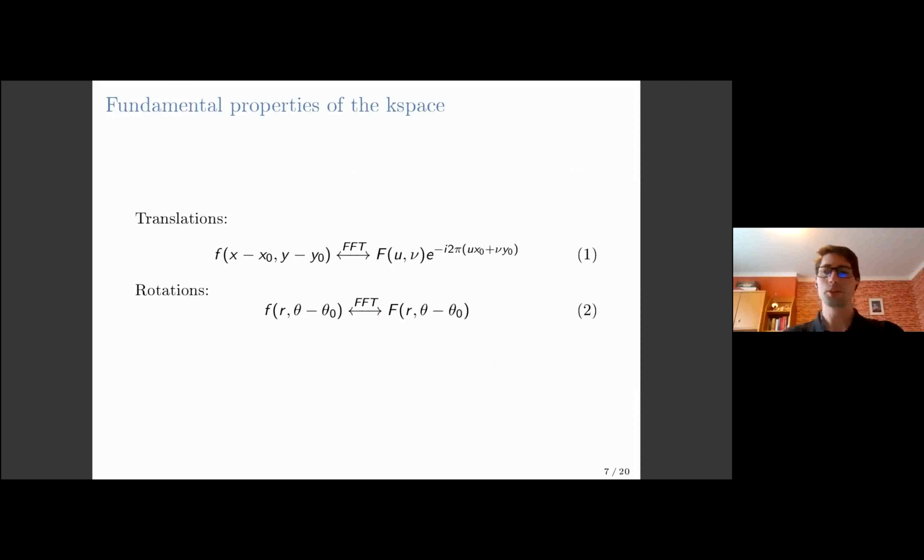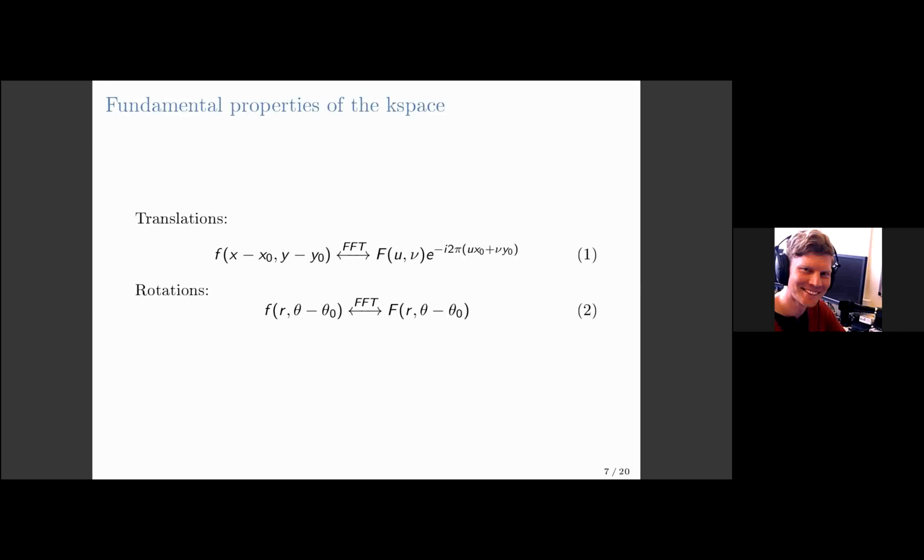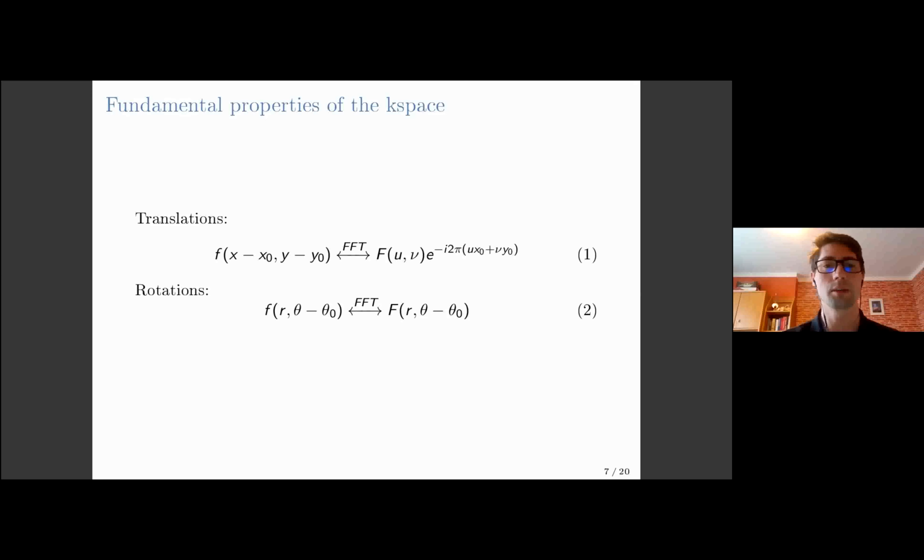So the first one is to go back to the very fundamental properties of k-space. And as you're probably aware, when we take an image and make a Fourier transform of this image, and then if we have some translations in this image, the Fourier transform of the translated image is exactly the same as the one without translations, but just multiplied by a phase factor.